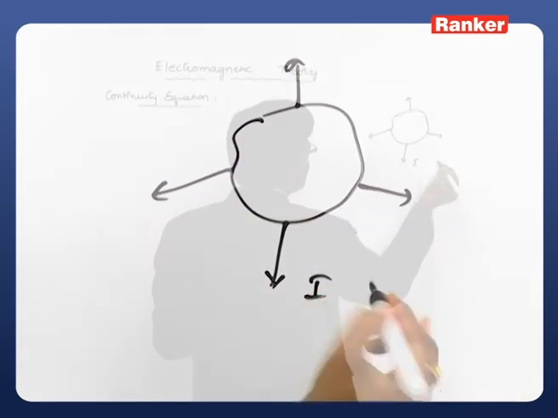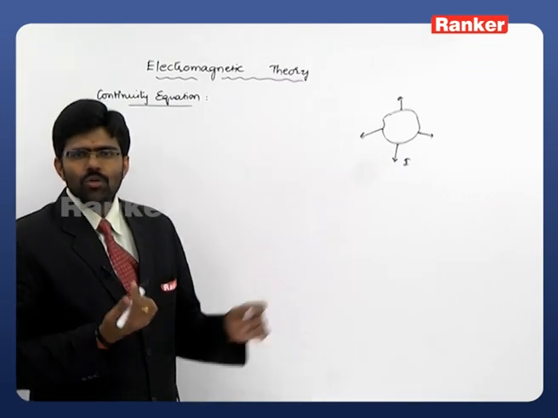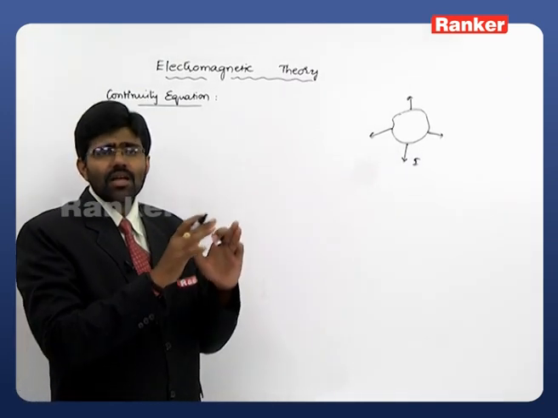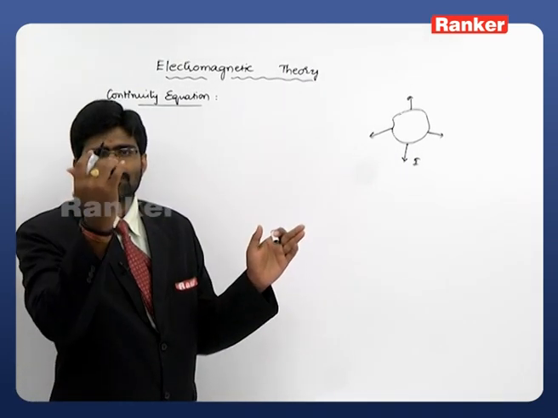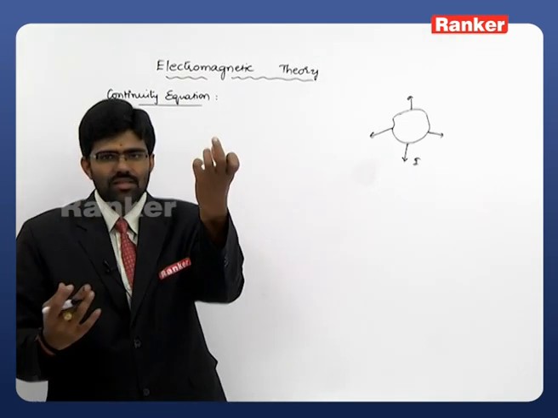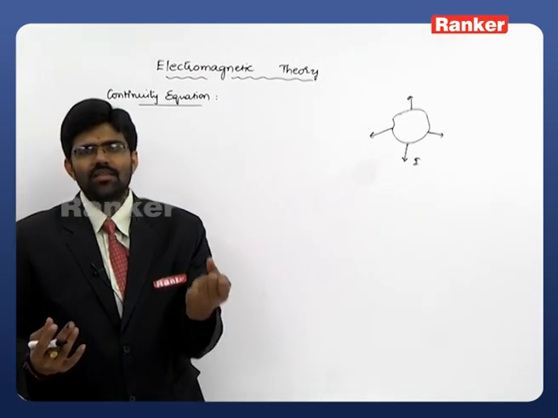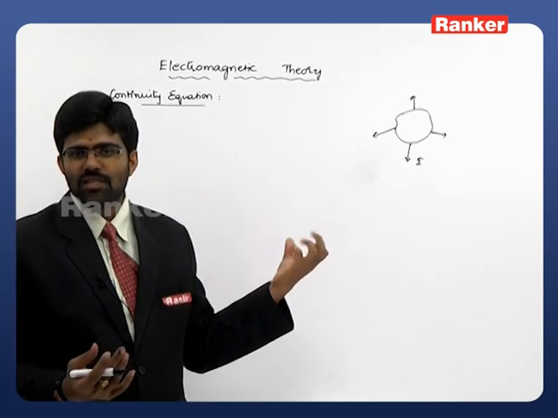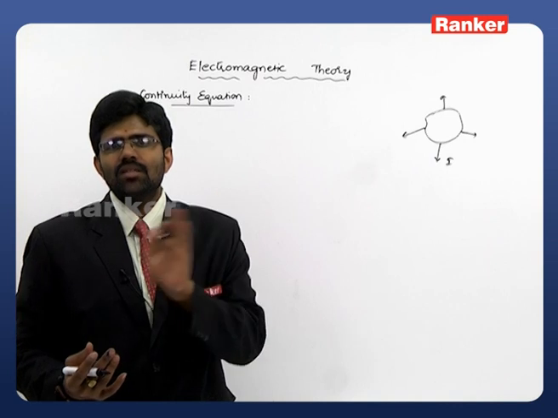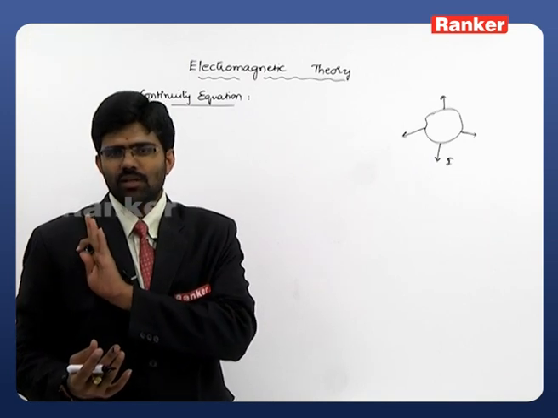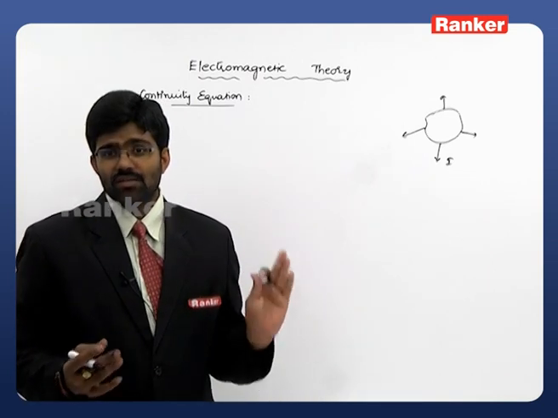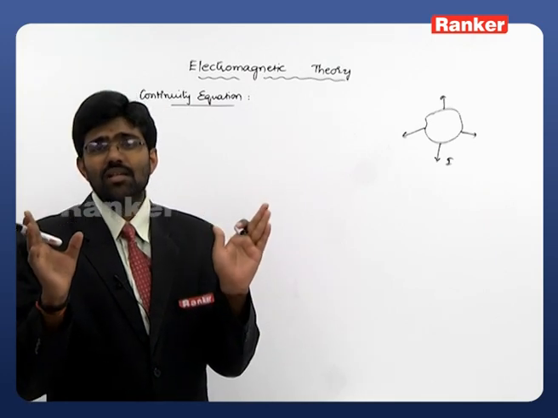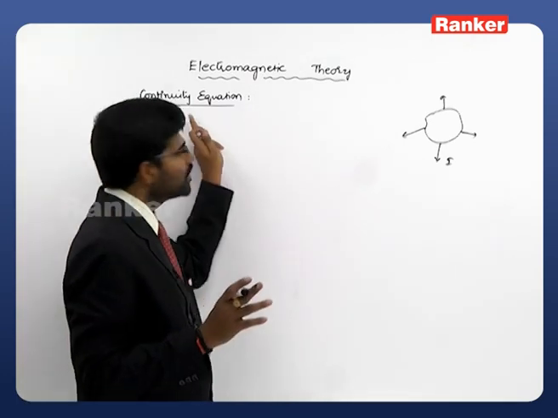Then the leaving current equals the rate of decrease of charge. Since it is leaving, the charge decreases. So this continuity equation is satisfied if and only if there is charge conservation. If the charge is accumulating, then remember that this continuity equation will not be applicable. The charge should be conserved.